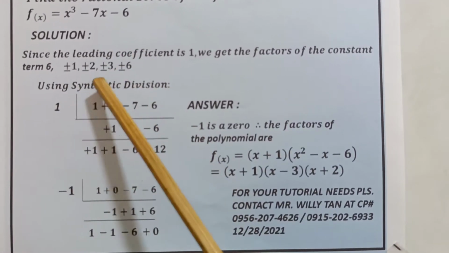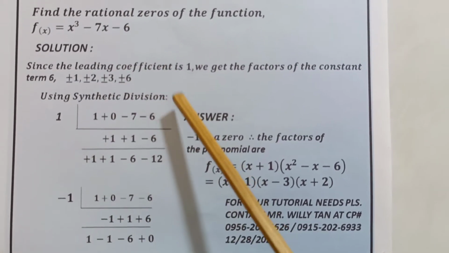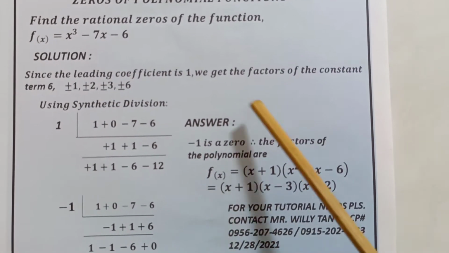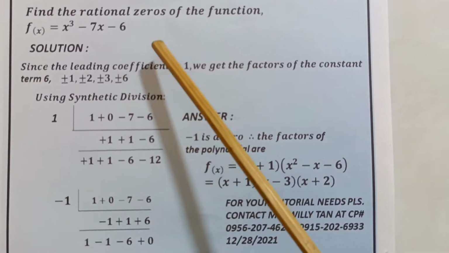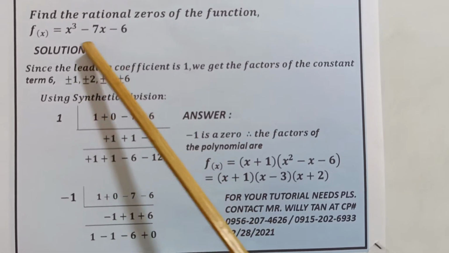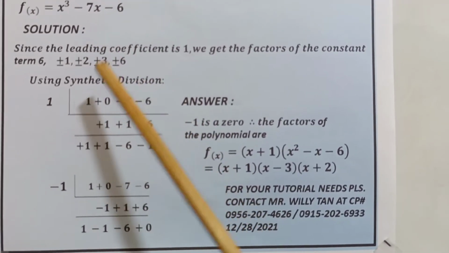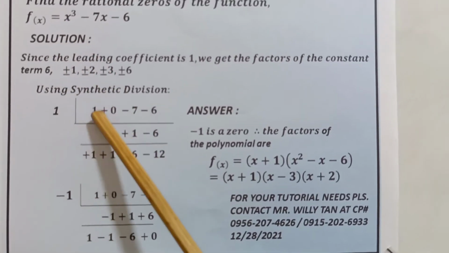synthetic division in finding the zeros of this polynomial. First we write the coefficients of x and also the constant. The coefficient of x cubed is 1.